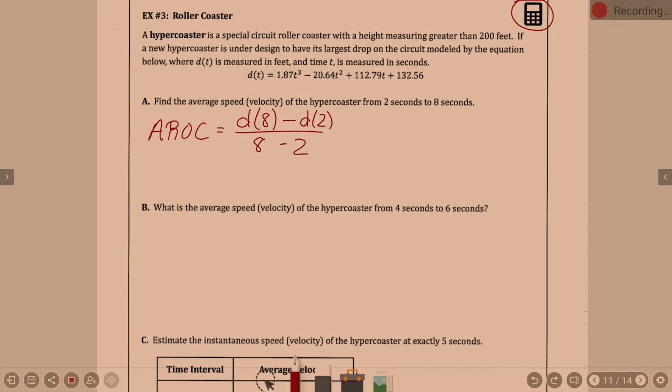If you're just using the equation right here, it wouldn't be horrible. Just plug it in 2 different times. And in fact, typing on my calculator again, let's just do it a different way.